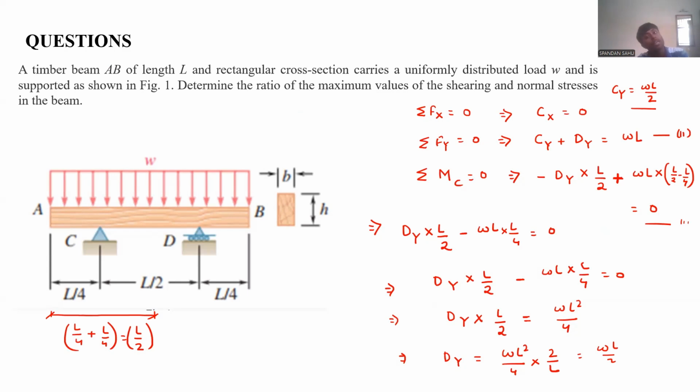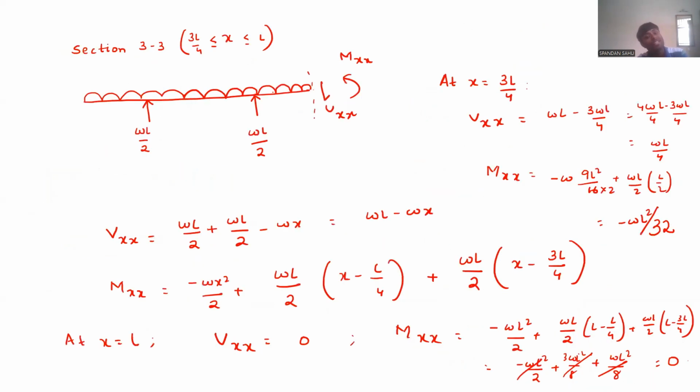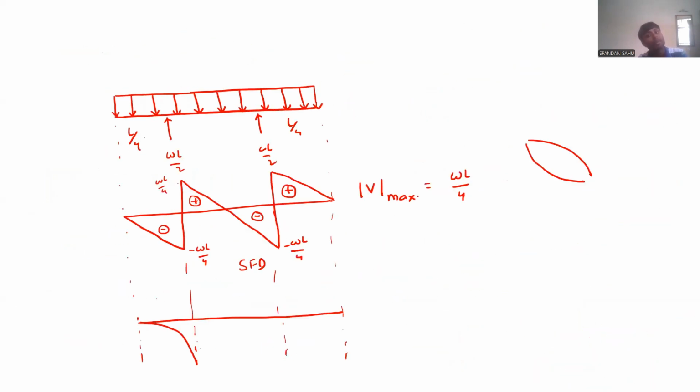So every even order terms will match their counterparts. That means if the load is symmetric, the SFD will be anti-symmetric, and again BMD will match the loading pattern. But the other way around is not. Okay.